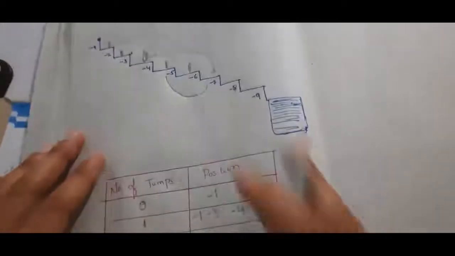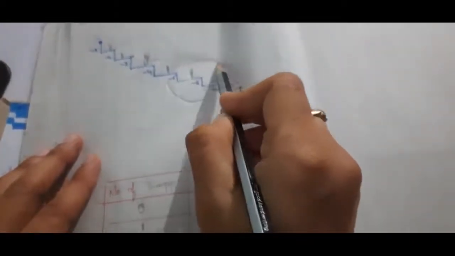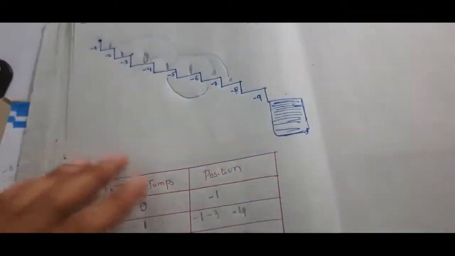So, minus into minus plus. That is 5 plus 3, 8. Which number is greater? 5. So, minus 8. Now, in the 9th jump, which position did the monkey take? Minus 8th step. Okay. From minus 5 to minus 8.